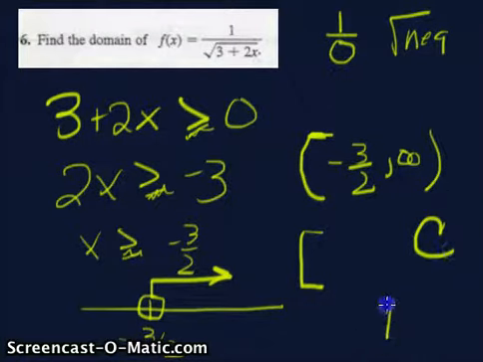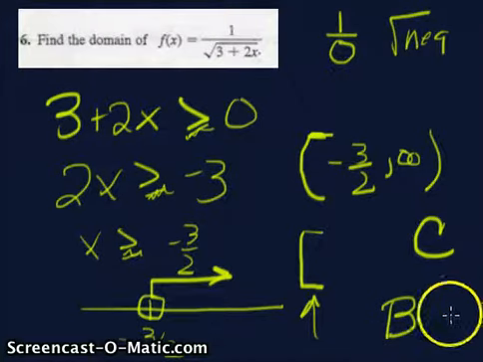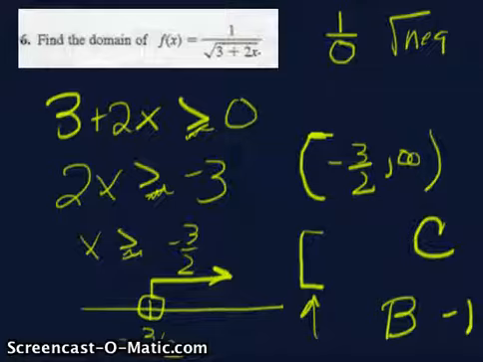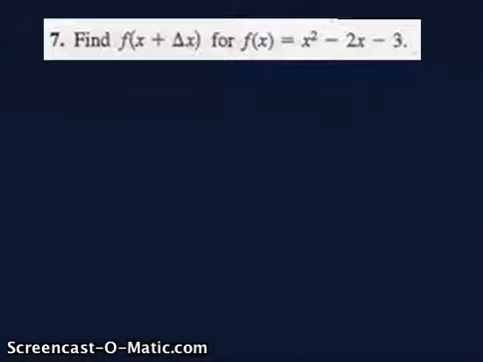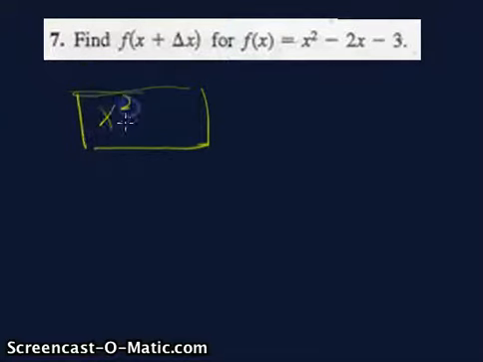Now I gave you some partial credit if you mistakenly picked that, then I just took off 1 point. Keep that in mind. Okay, here's the question. Find f of x plus delta x for this function. Now remember, we have a function box, and inside that we have x squared minus 2x minus 3.